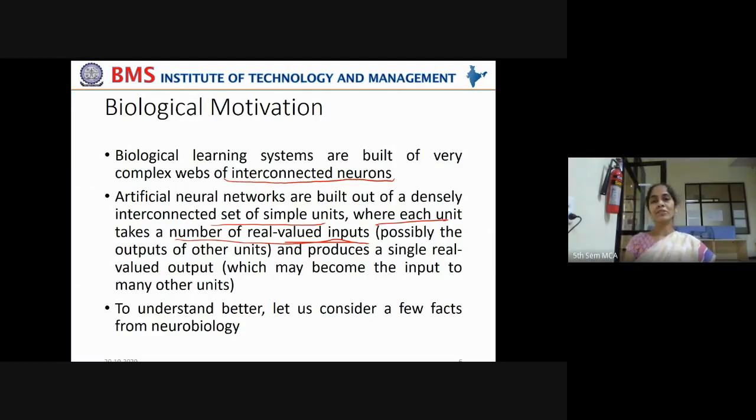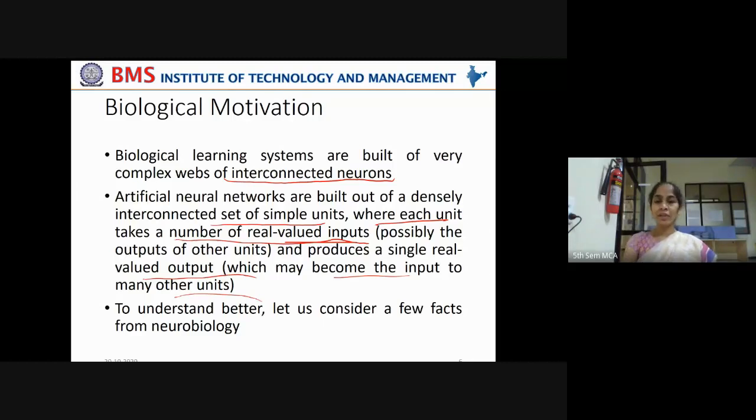In that way, the construction of neural networks can take place. Each unit takes a number of real valued inputs and produces a single real valued output, which may become the input to other units or which itself can be the output of the entire neural network architecture.